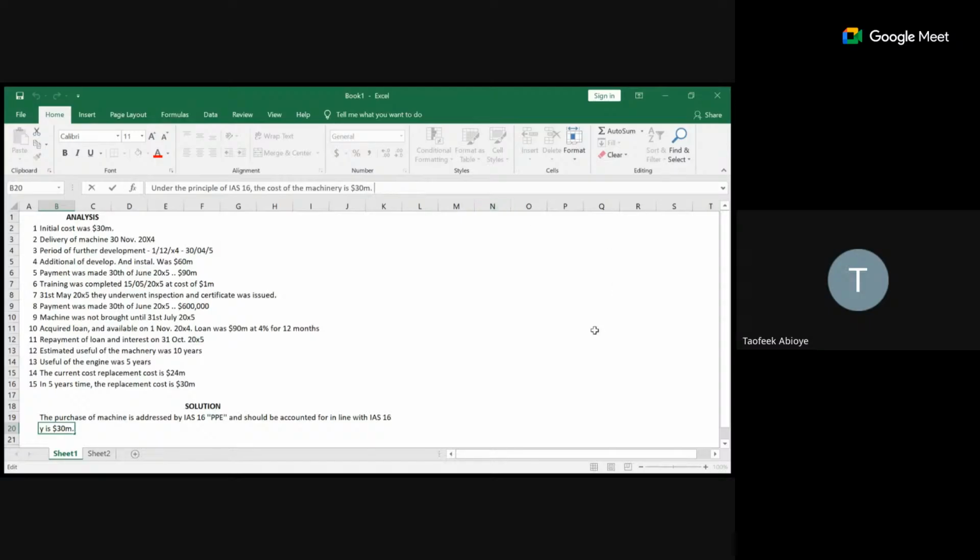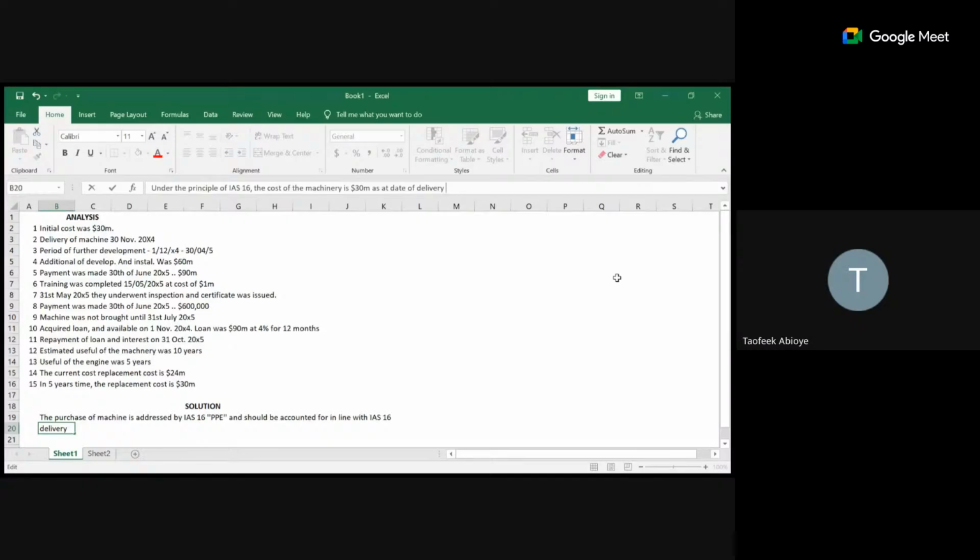So since we have told the examiner that under the principle, the cost of the machine is $30 million, you now tell him that it is as at the date of delivery, not the day we ordered it. That is number one boost in this question.